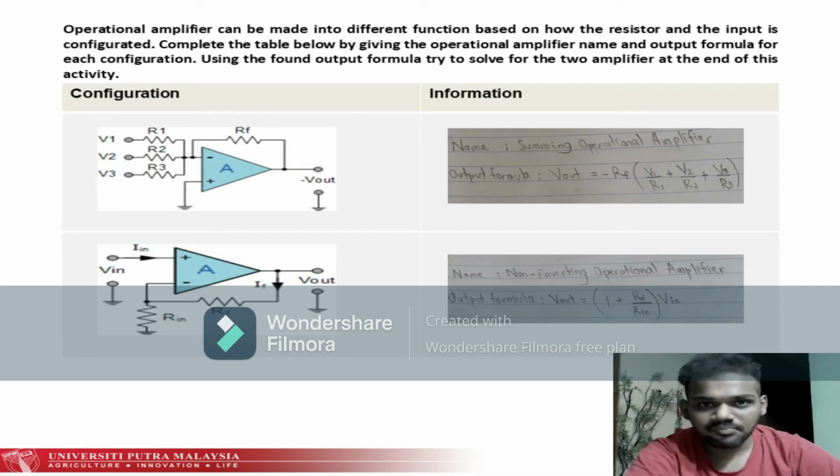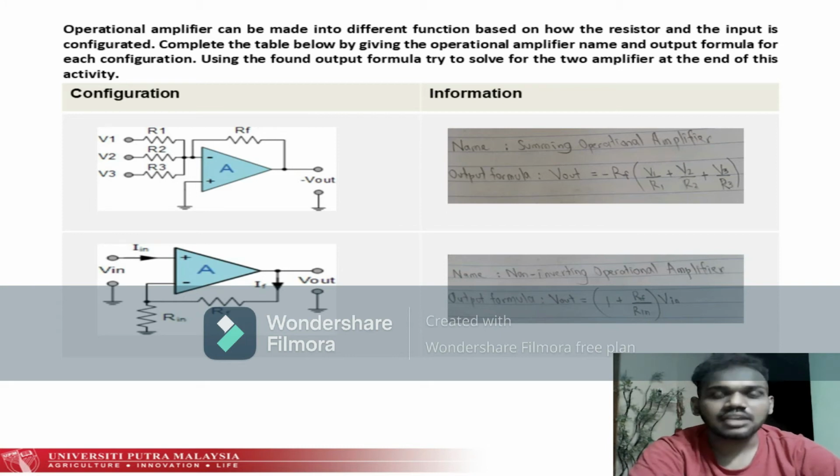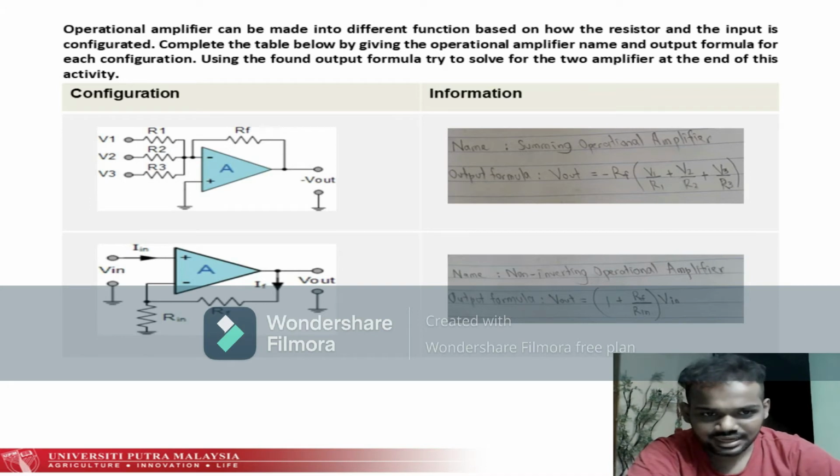And next, based on the diagram, the output formula will be Vout is equal to negative Rf in bracket V1 over R1 plus V2 over R2 plus V3 over R3. And if we take a look at the second configuration, the input voltage signal is directly applied to the non-inverting input of the amplifier.